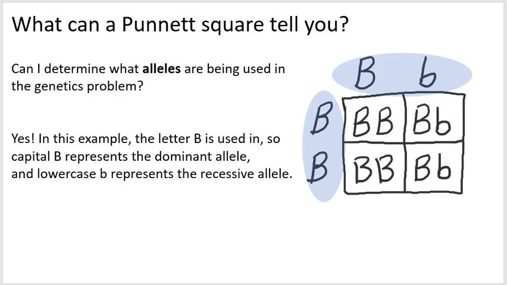Imagine that you see a Punnett square that was already made. You can determine what alleles are being used in the genetics problem. Like in this example, we see the letter B is being used, and the capital B represents the dominant allele, and the lowercase b represents the recessive allele.